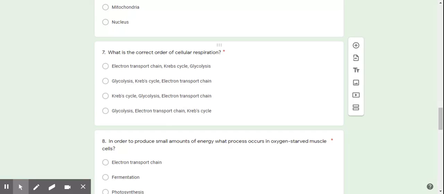Glycolysis, Krebs cycle, electron transport chain, or Krebs cycle, glycolysis, electron transport chain, or glycolysis, electron transport chain, Krebs cycle?